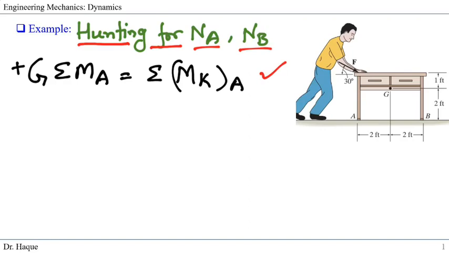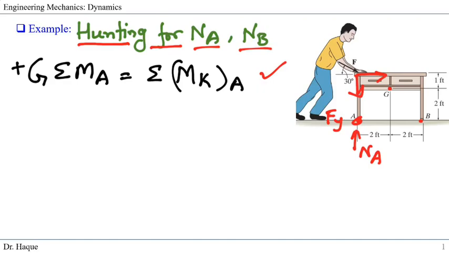So we can take moment about point A or point B or point G, but we have to think which point would be easier, since the force F has x component and y component. If we take moment about point A, then we can cancel out two forces, normal NA and also the Fy component.